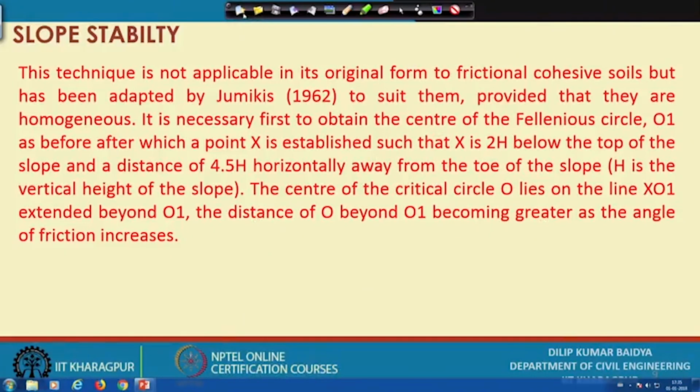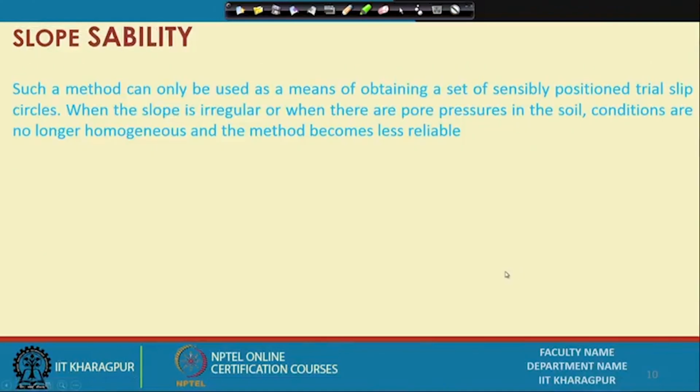So, these are the things finally required, and such a method can only be used as a means of obtaining a set of sensibly persistent trial slip surfaces. When the slope is irregular, or when there are pore pressures in the soil, conditions are no longer homogeneous and the method becomes less reliable.